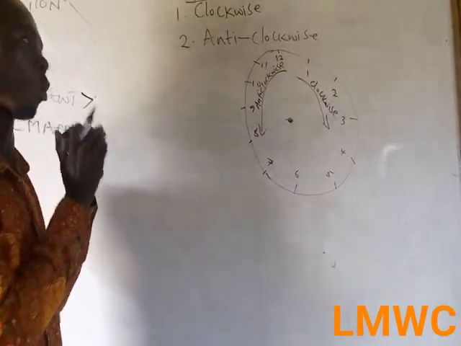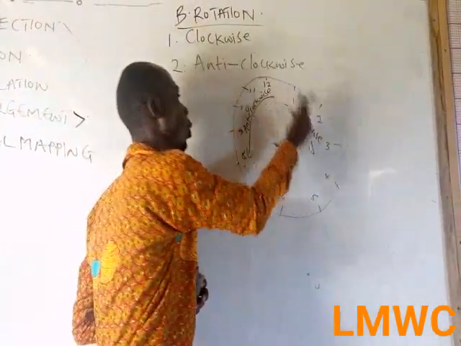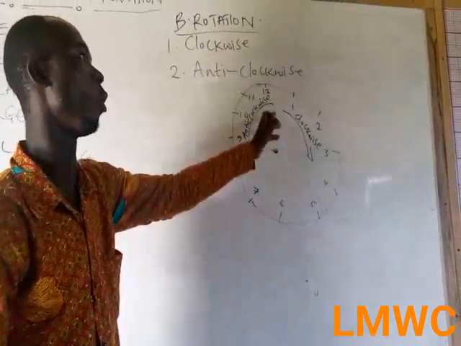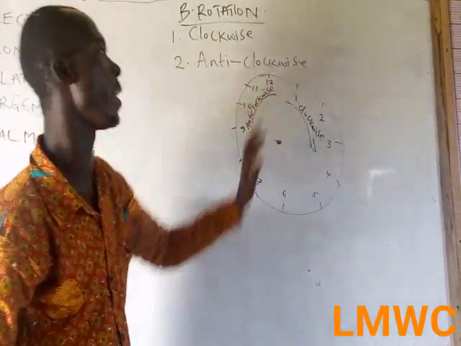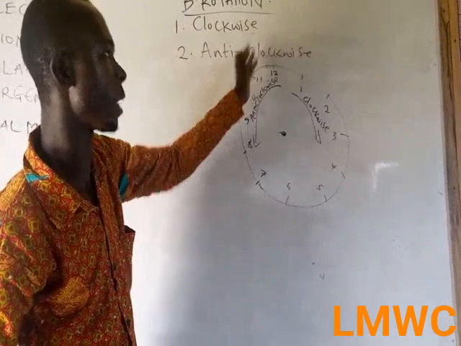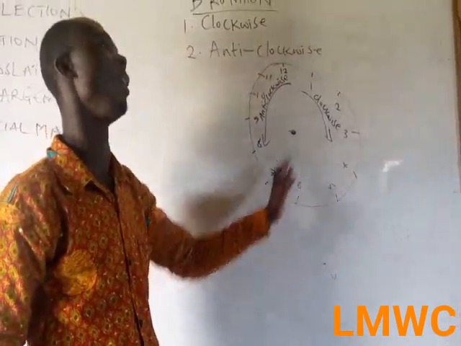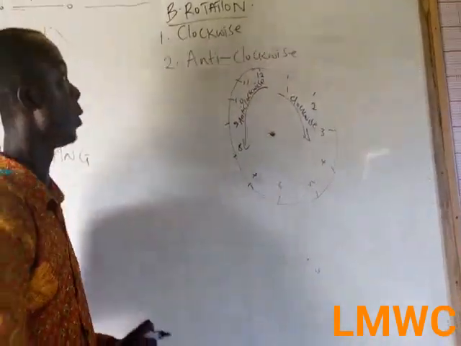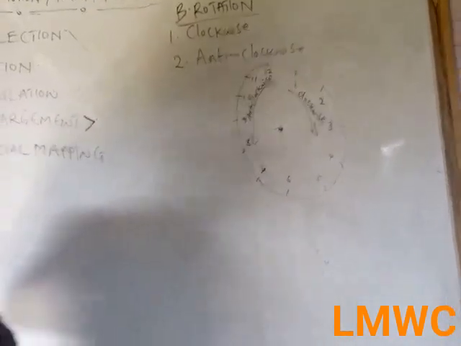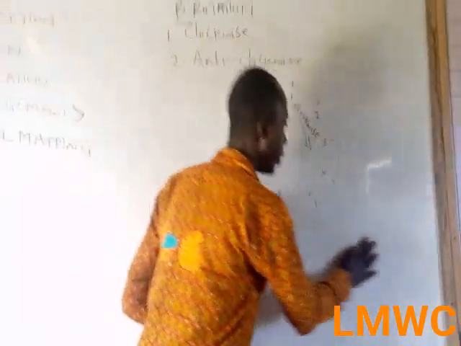Our watches or clocks in our homes move in the clockwise direction, and under clockwise, it starts from the least to the highest. But anti-clockwise will start from the highest to the least or lowest. So always for rotation, we have some angles of rotation.